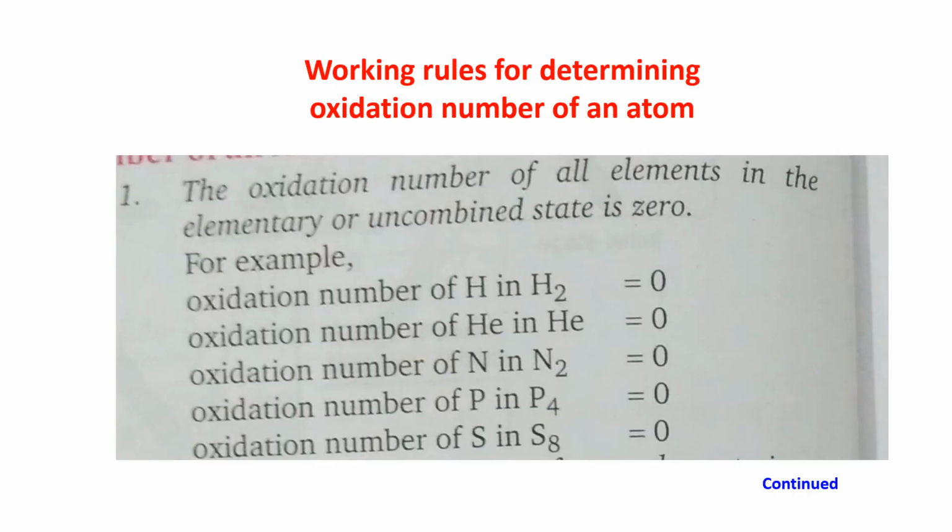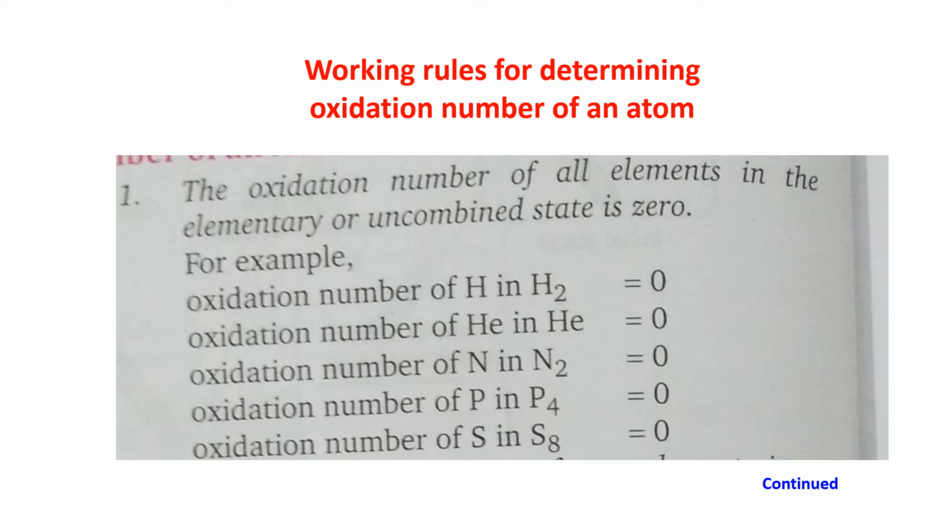Now see, working rules for determining the oxidation number of an atom. These rules you have to learn and it will come automatically. The first rule is the oxidation number of all elements in the elementary or uncombined state is 0. Oxidation number of hydrogen in H2 is 0.